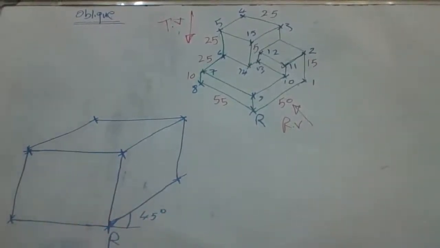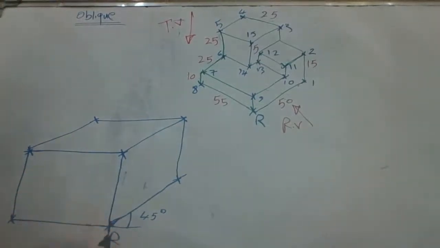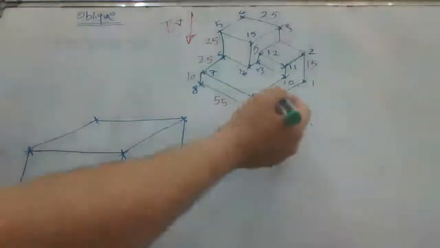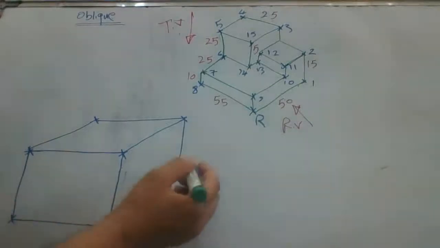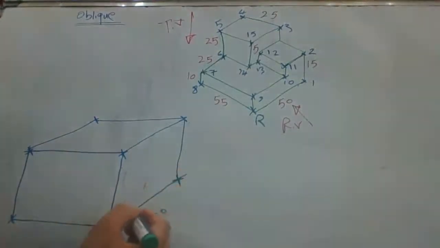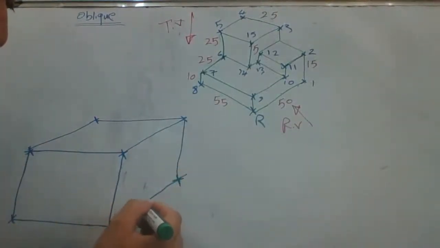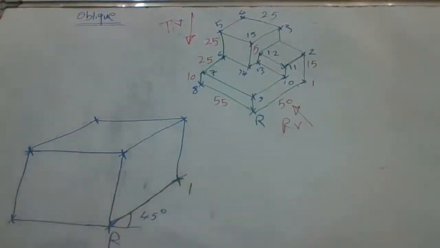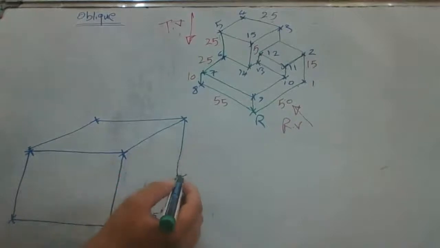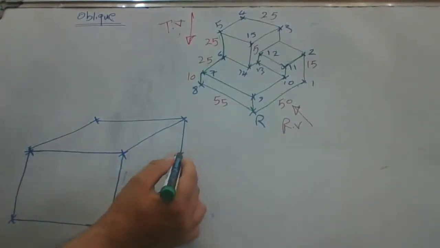To start drawing, now we have to start from point R. R to 1 is the depth, in the right side. This is R, R1. From 1 to 2, 15 millimeter.